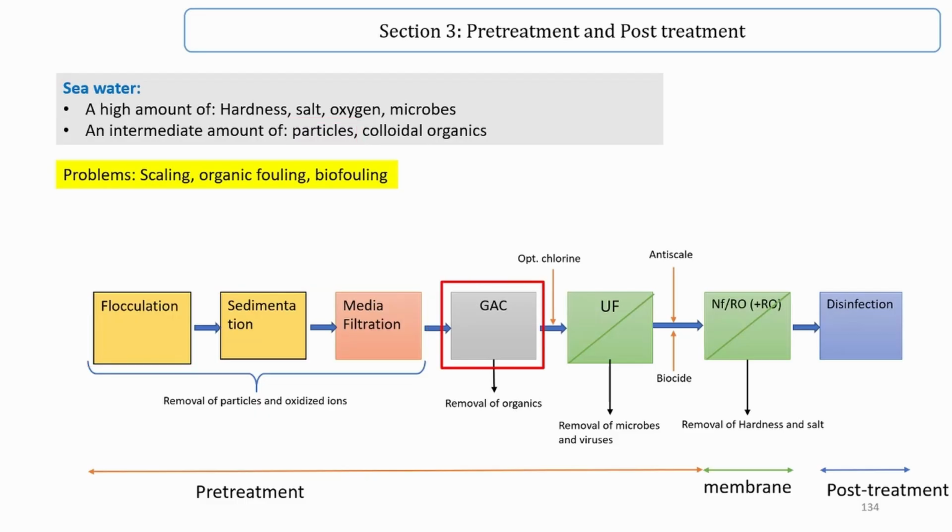Granular activated carbon removes organics, but to increase its efficiency, sand filtration is required. Microorganisms can be removed using ultrafiltration. Salts such as sodium chloride as monovalent ions can be removed only using reverse osmosis.